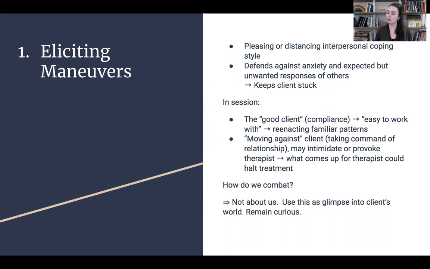We need to be really mindful of countertransference here. If we shut down as a result of this intimidation, that can really halt the treatment. We always need to remember this isn't about us. This is useful. We can use this as a glimpse into the client's world. So we want to remain open, non-defensive, and really curious.